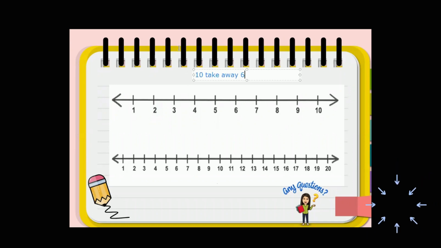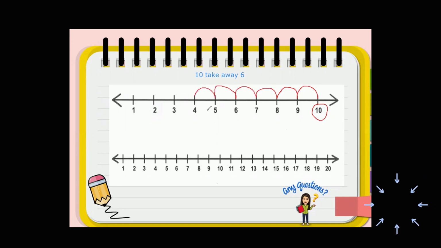So the first number is 10, so we start at 10. And the second number tells us how many times we have to jump. So it is subtraction, so we are going to jump to the left. 1, 2, 3, 4, 5, 6.